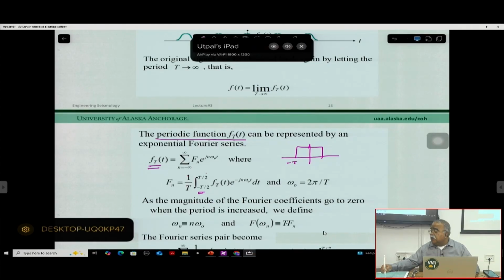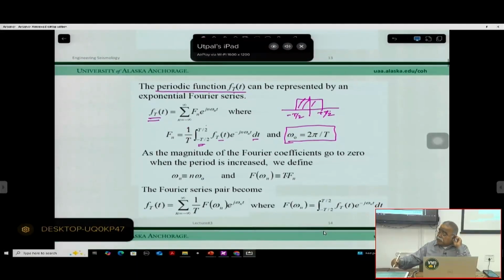If it is a periodic function, then we could only integrate up to this much, ft into e to the power i omega t into dt, and omega 0 will be 2 pi by T. So that is your fundamental frequency, right? So that is the frequency that you are looking for, right?